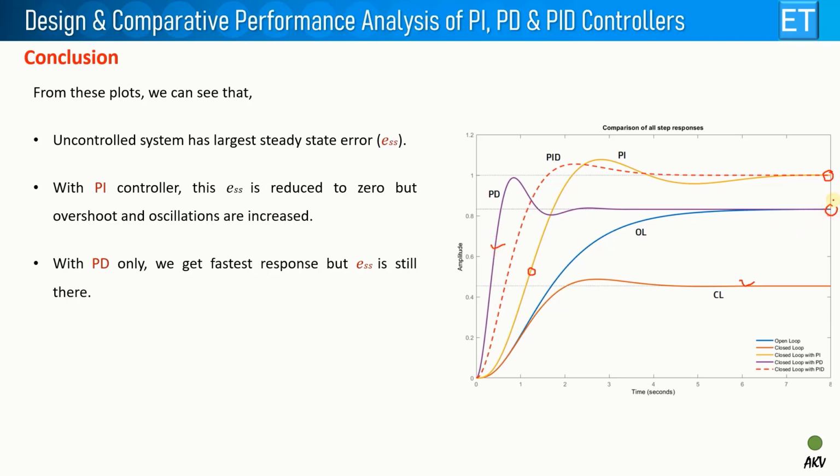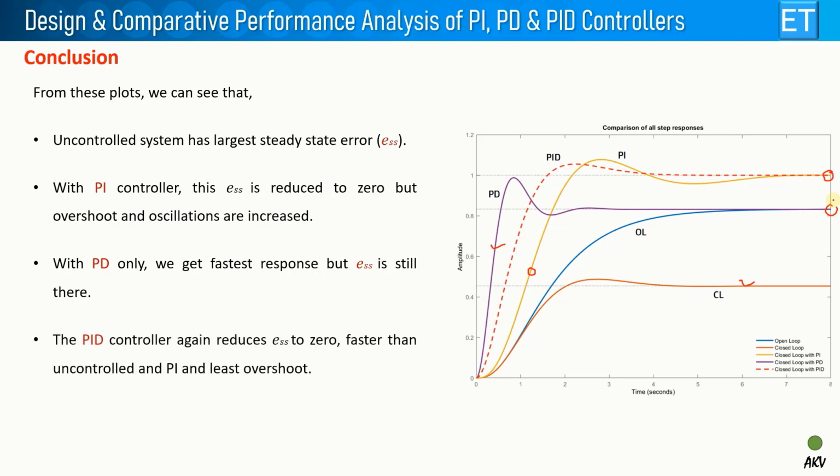It is not able to reduce it to 0. And then the PID controller reduces the steady state error to 0, and it is faster than the uncontrolled system as well as faster than the PI, and it also has less oscillations and less maximum overshoot. So the PID controller is giving the best response among all these controllers.